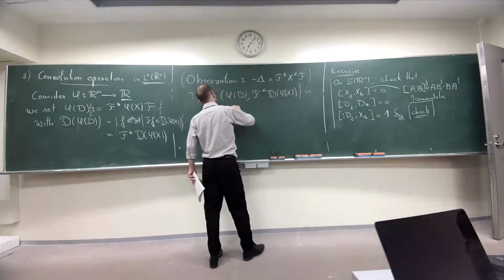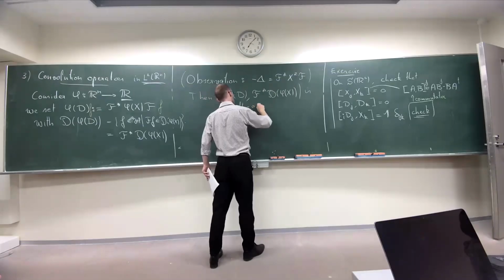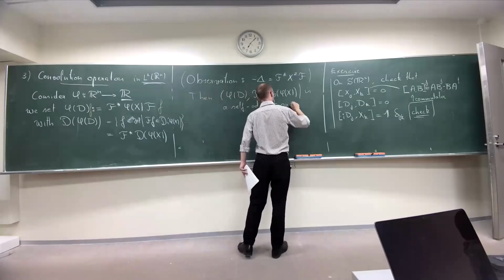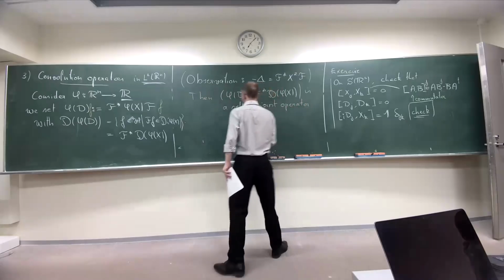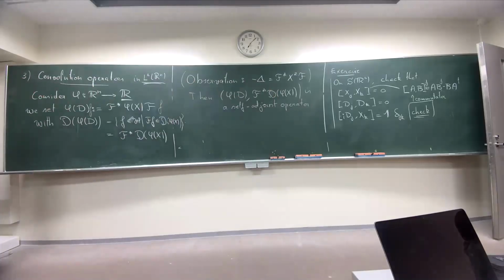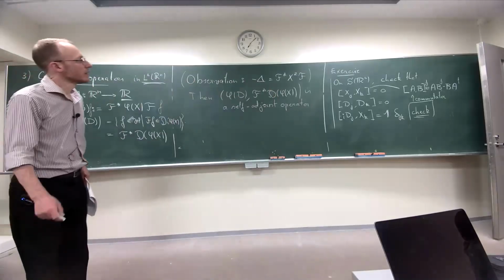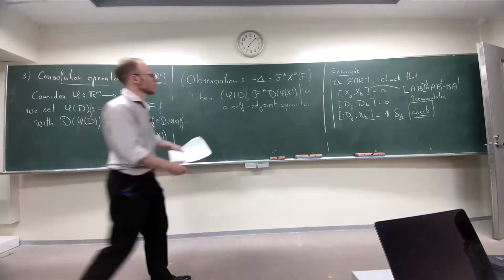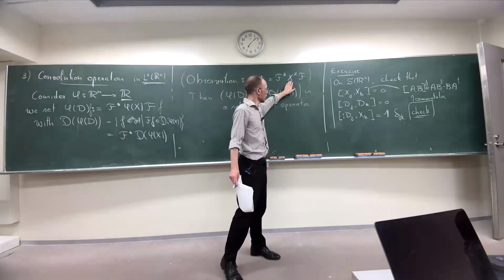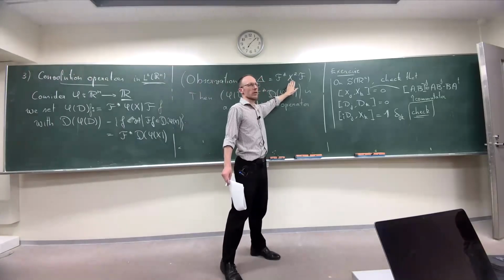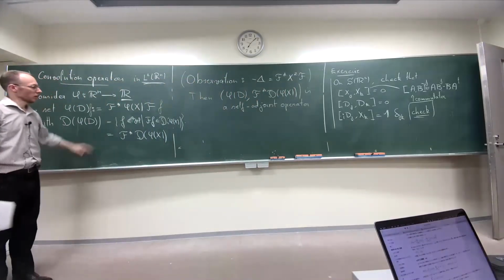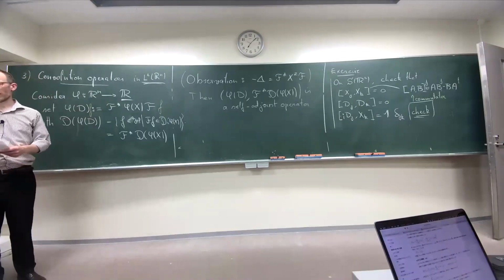Here, this is the operator of multiplication by the function x goes to x squared. So we have a new family of self-adjoint operators.